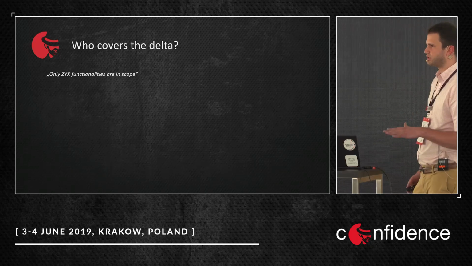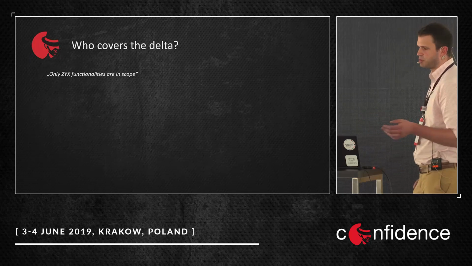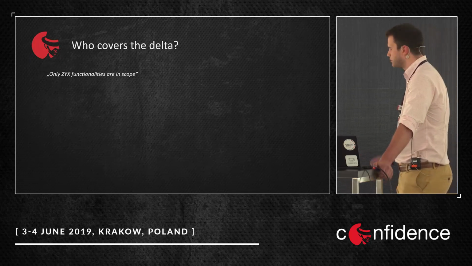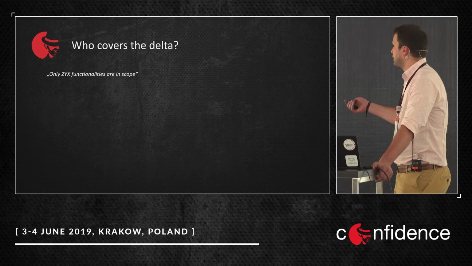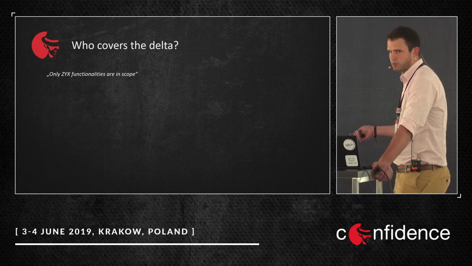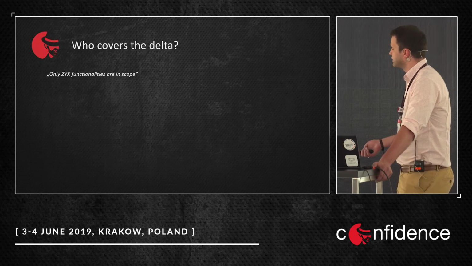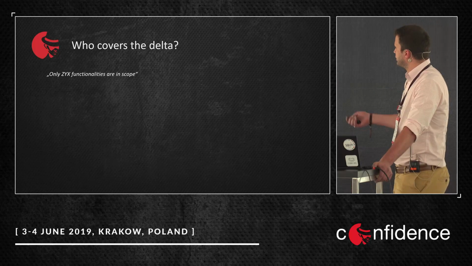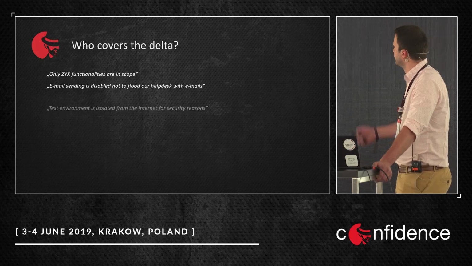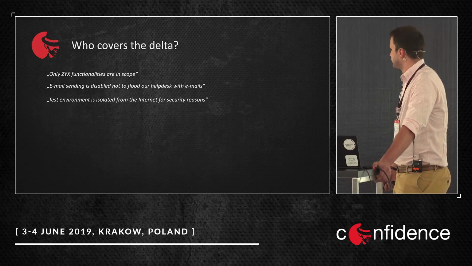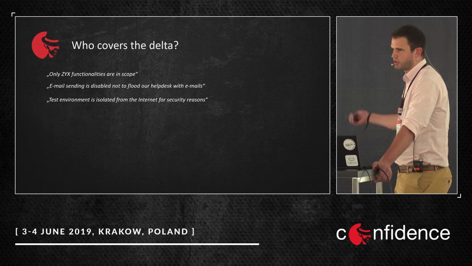Here are a couple of phrases which I encountered a couple of times while scoping the pen test. Some of them are valid ones, with a good rationale behind them: only some functionalities are in scope, or email sending is disabled so as not to flood people from the help desk, or the test environment is isolated from the internet for security reasons, which is probably completely fine.